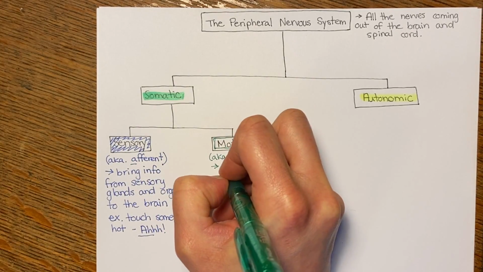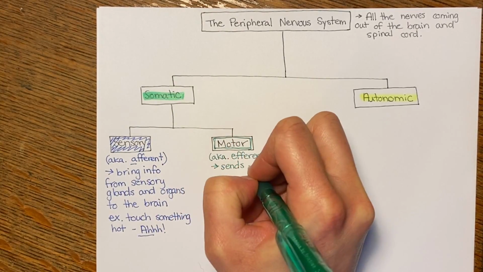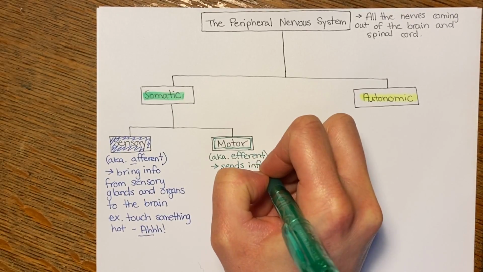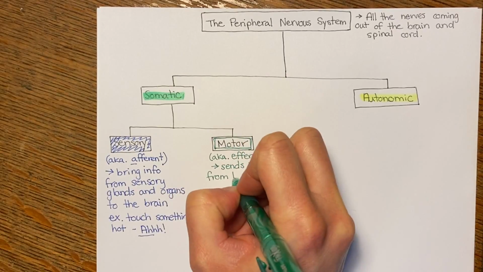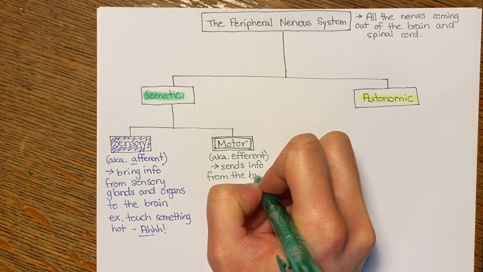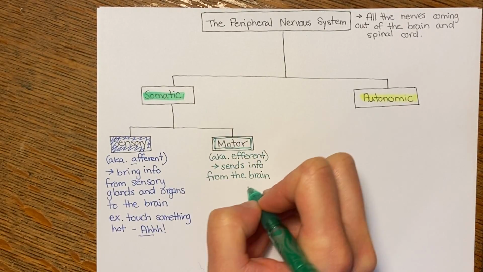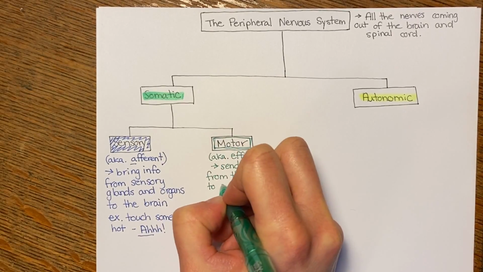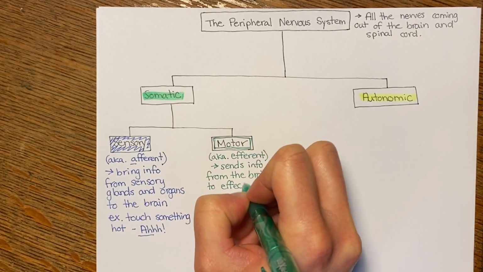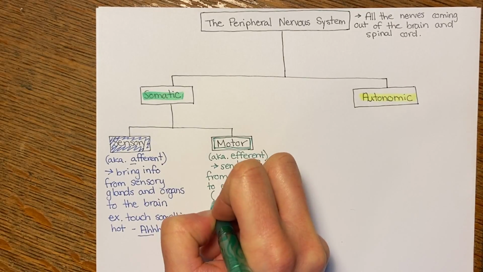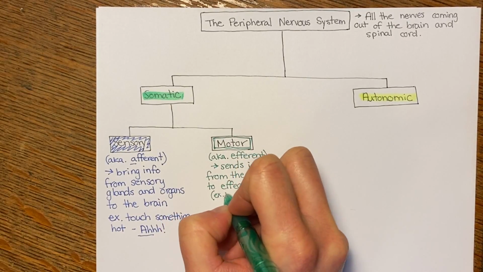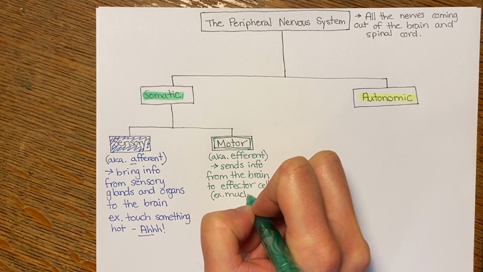So it sends info from the brain to effector cells. So an example of that would be muscle cells.